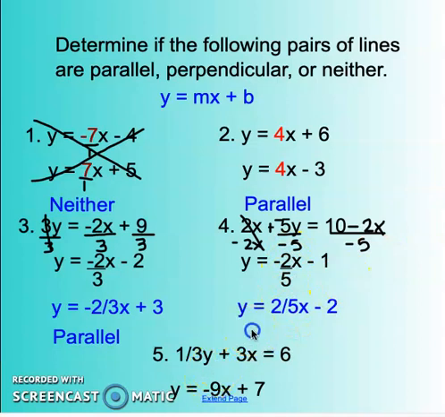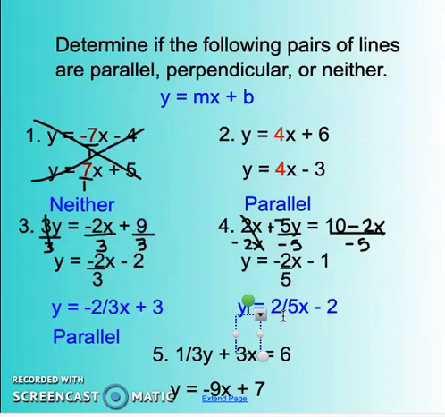And so now we can compare these two. Well, this one's negative 2/5 and this one's 2/5. So they are opposite of each other, but are they reciprocals of each other? No, they're not. So I can't say that they're parallel because they're not the same.